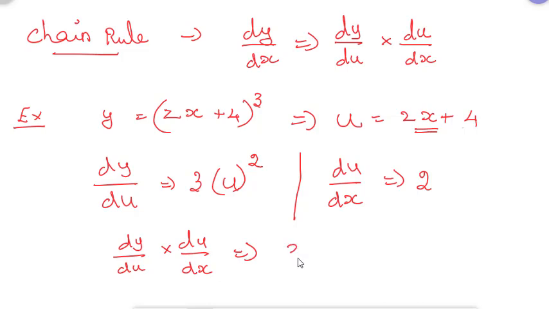So I can simply write 3u squared times 2, which is equal to 6. Multiply 3 and 2, you get 6, and for u squared, you just write (2x plus 4) with the power of square. So it's the finalized answer for the question.